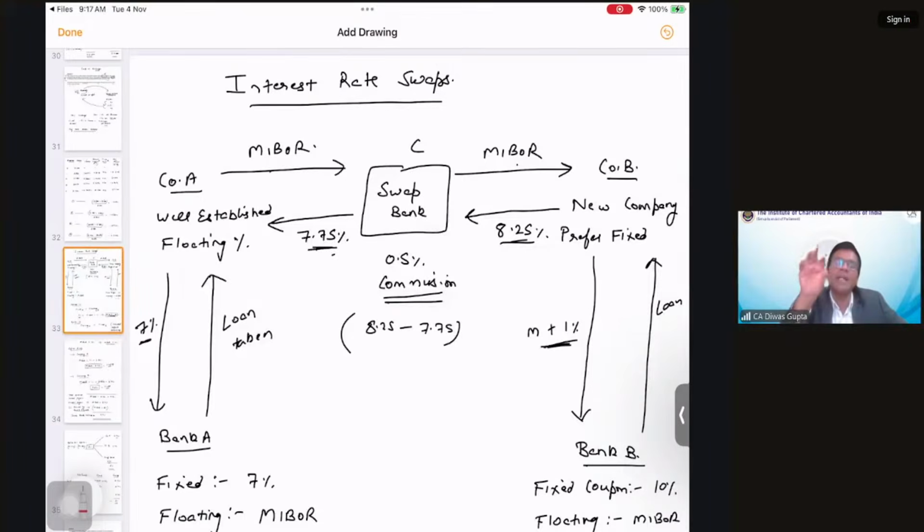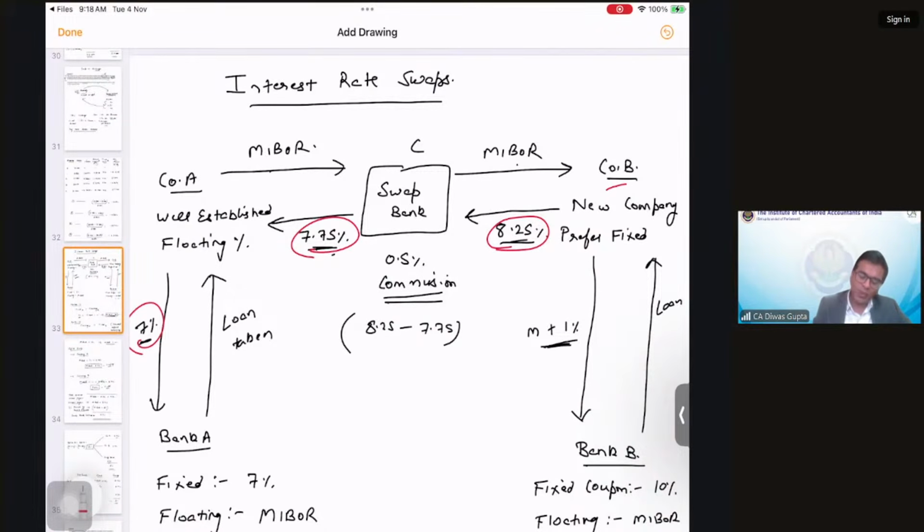So swap bank will say, okay, company B, you take a loan in floating and then I will pay you the floating rate, you pay me the fixed rate. So company B will pay the swap bank fixed 8.25, I will show how they arrived at this number, and swap bank will pay the fixed amount of 7.75 to company A.